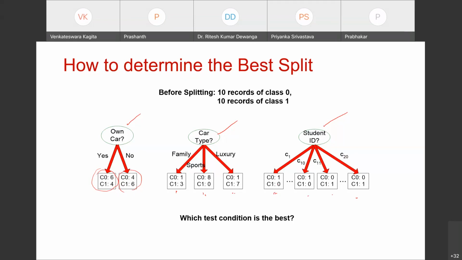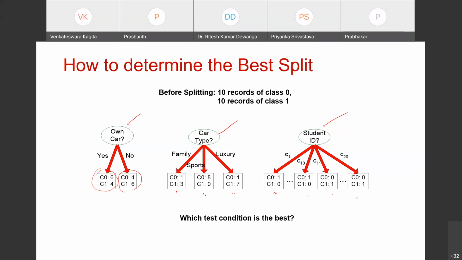Quickly, anyone? Which test condition is best? Or which condition do you think is worst? Let me put it this way: which test condition do you think is worst among these 3? First one. Sorry?